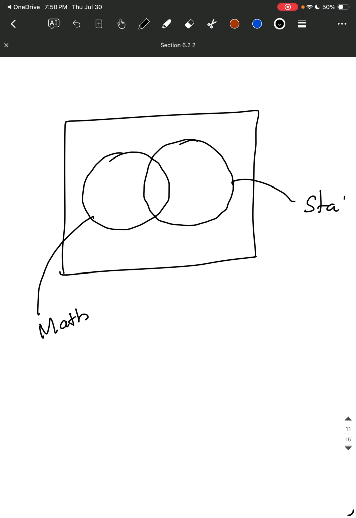In total, the mathematics circle contains 18 students. In total, the stat circle contains 12 students. In total, the intersection part contains how many students? 5.